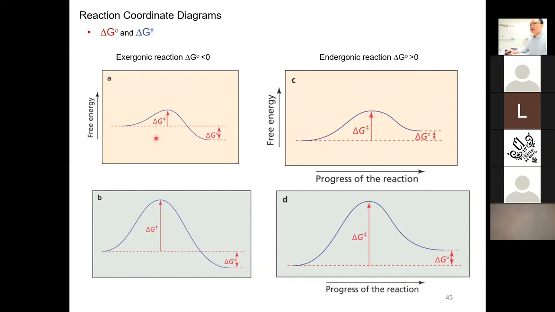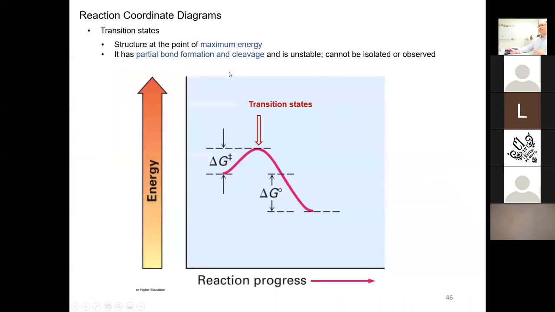So in these two, the overall reaction is favored, but this reaction must be much slower than this one. In these other two reactions, the overall reaction is not favored because the Gibbs free energy change is positive, but this reaction is still much slower than this one because the free energy of activation is higher than this one.